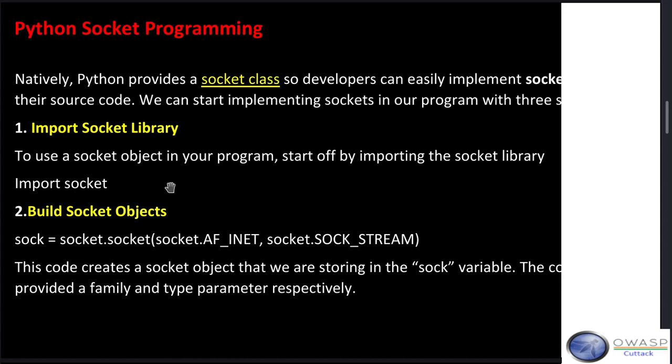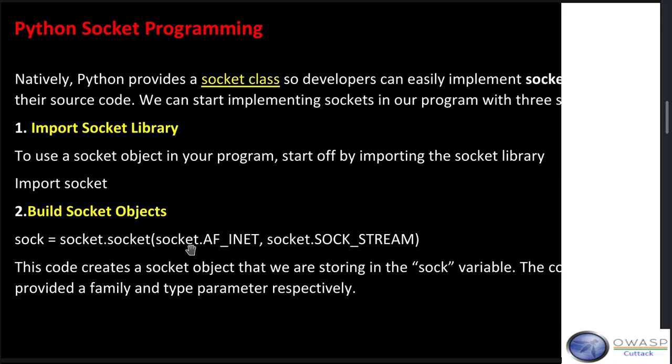By using this statement, import socket, we define that we want to import the socket library in our program. The second step is to build socket objects. To create a socket object, we first define a variable; we can choose any variable name, and then socket.socket. It is called a socket object.